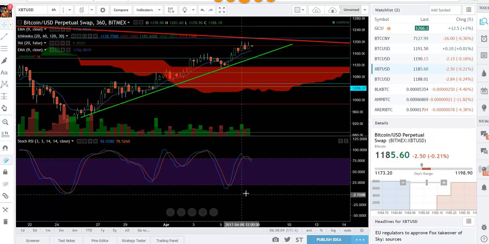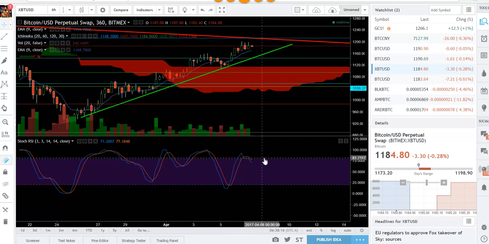When the oscillation is down below the purple band, or below 20, it is considered oversold, weak, its weakest conditions. And when it's above 80, above the purple band here, it's considered overbought, or at its strongest point in the market.